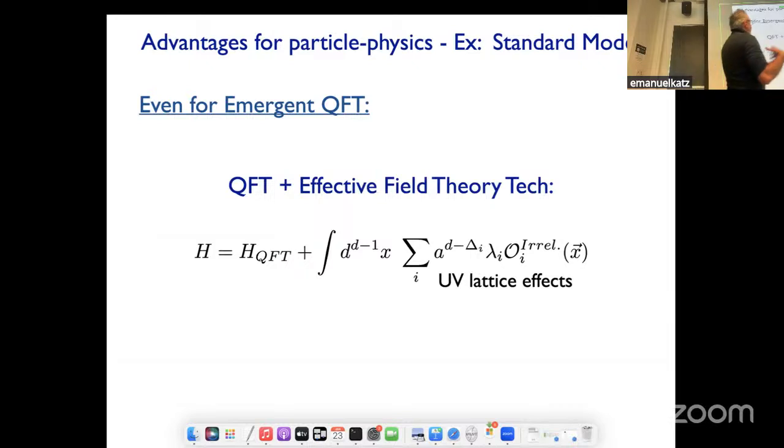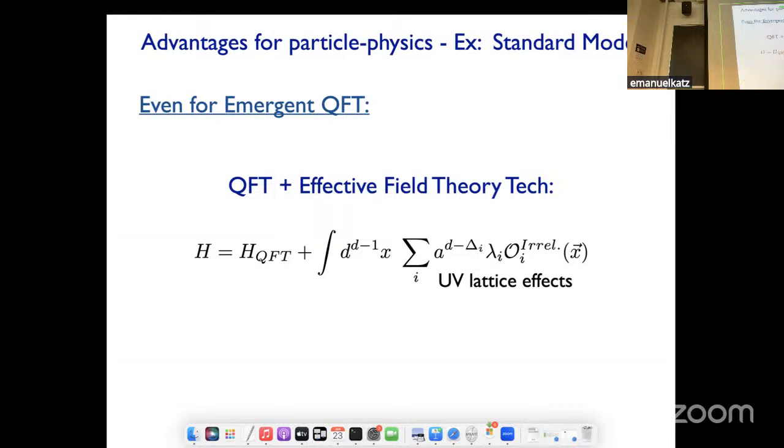Well, it might still be useful to have a framework which has all the symmetries of the quantum field theory manifest, and then you can compute the data of the quantum field theory.